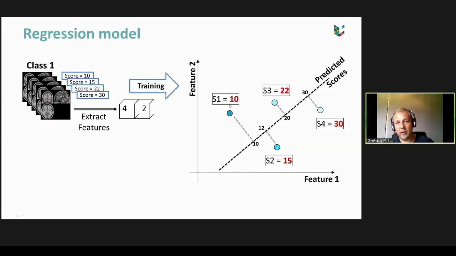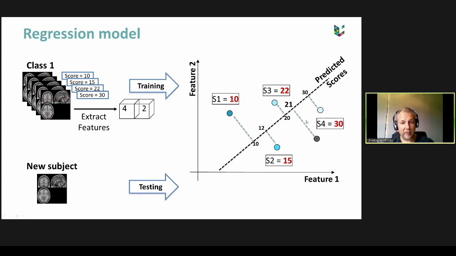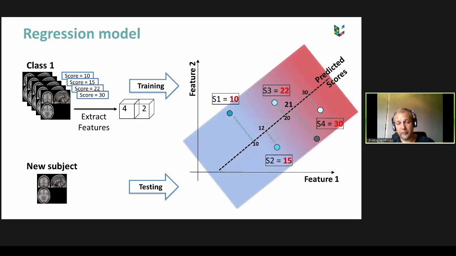And by training, you will find the line or the plane in multi-dimension that is fitting all the data I have. And similarly, whenever we introduce a new sample, we can predict what should be the actual score for that subject.